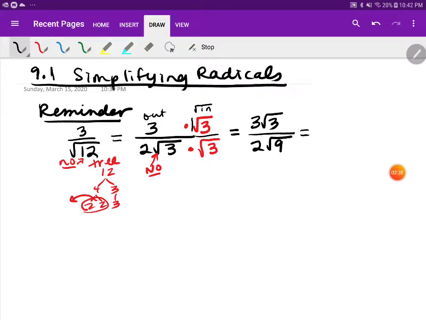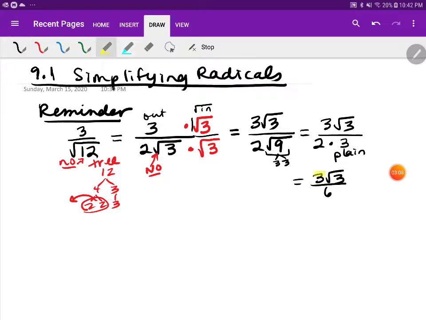So the radical 9, think of what radical 9 is. That's 3 times 3. So it's a plain 3. So you don't want to keep the radical. You now freed the 3's, the twin 3's, from the radical. 3 radical 3. So this is 3 radical 3 divided by 6.